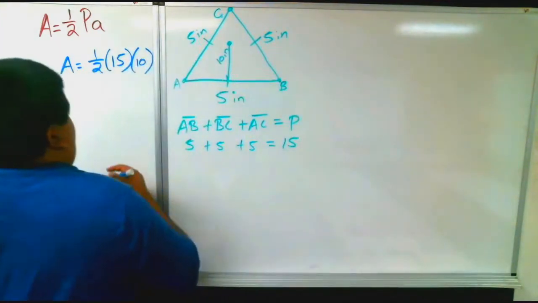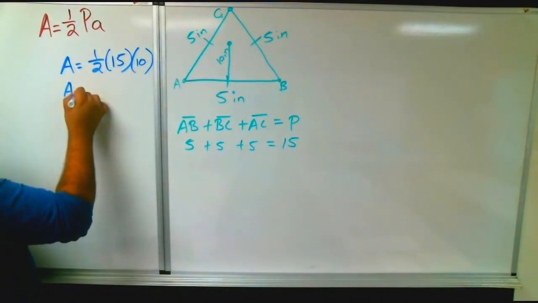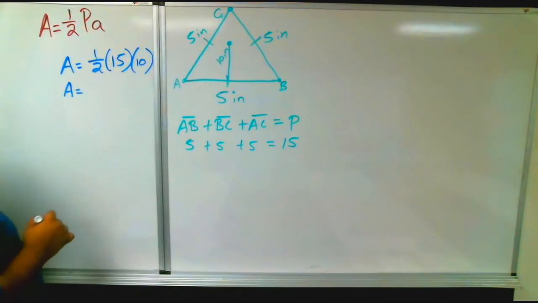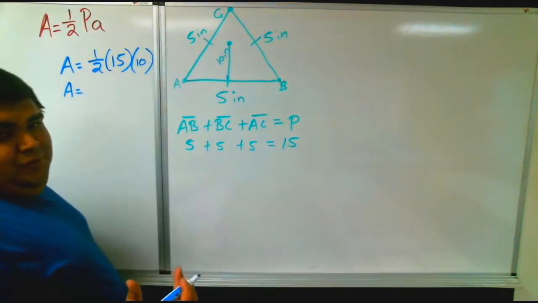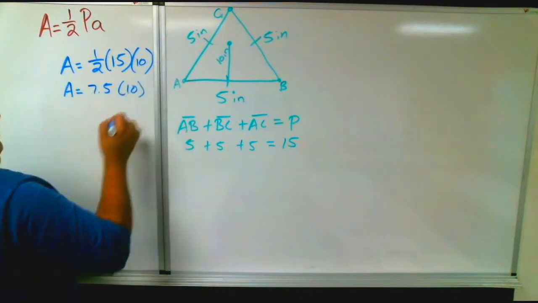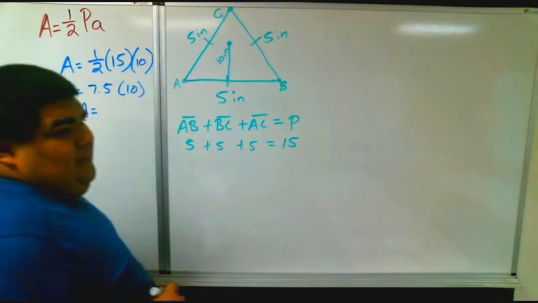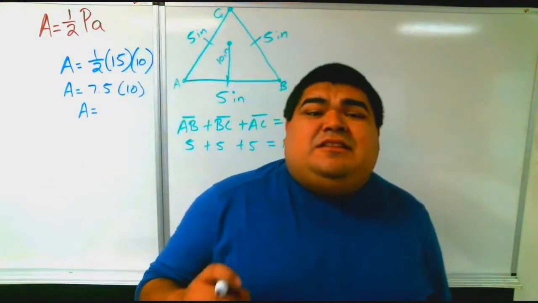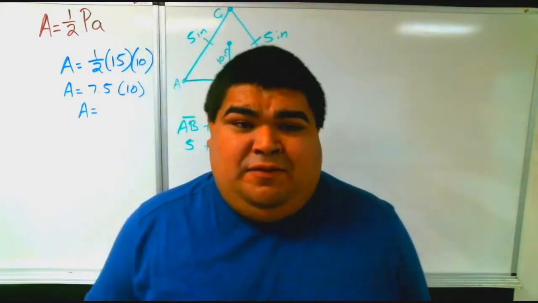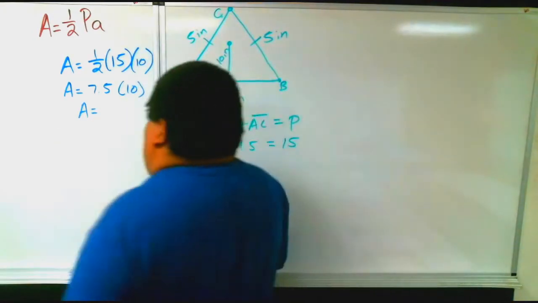All I'm going to do is cut the 15 in half, because remember, 1/2 times 15 is like saying 15 divided by 2. So it's 7.5 times 10. So the area equals, all we really need from the 10 is the 0, because anything times 1 is just itself. It's like saying 7.5 times 10 is 75.